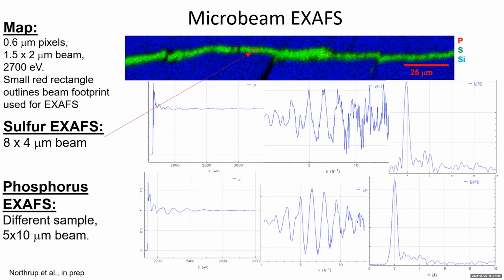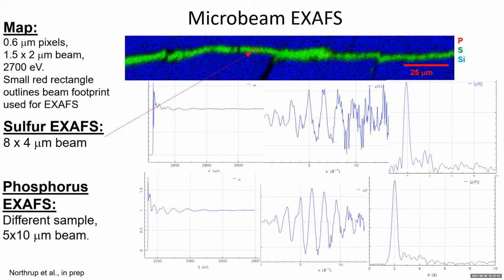Typically, interatomic distances out to less than 10 angstroms. In this example, the map at the top shows a very thin vein of sulfide in a silicate matrix. So the very small red rectangle pointed to by the arrow is a 4 by 8 micron beam footprint.